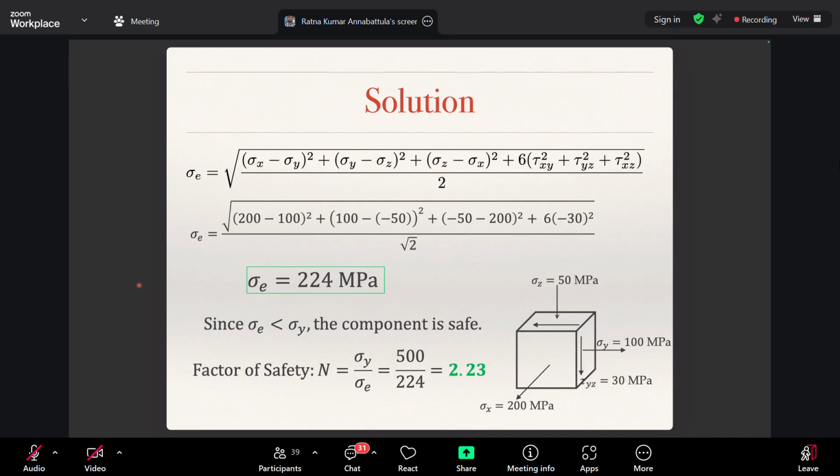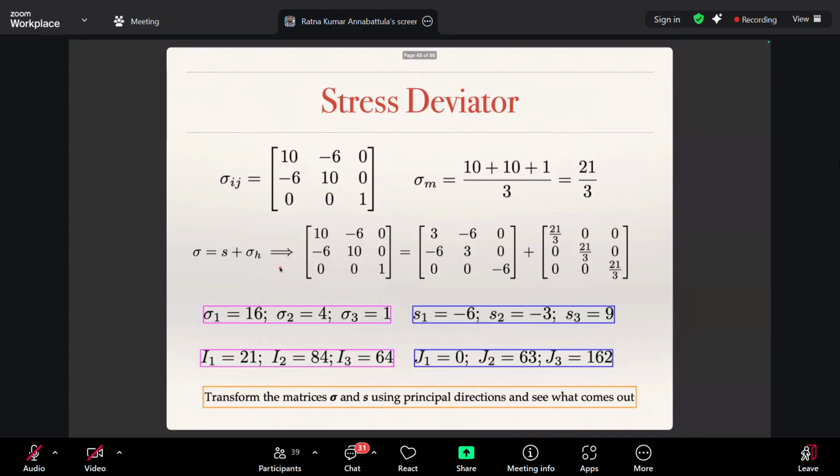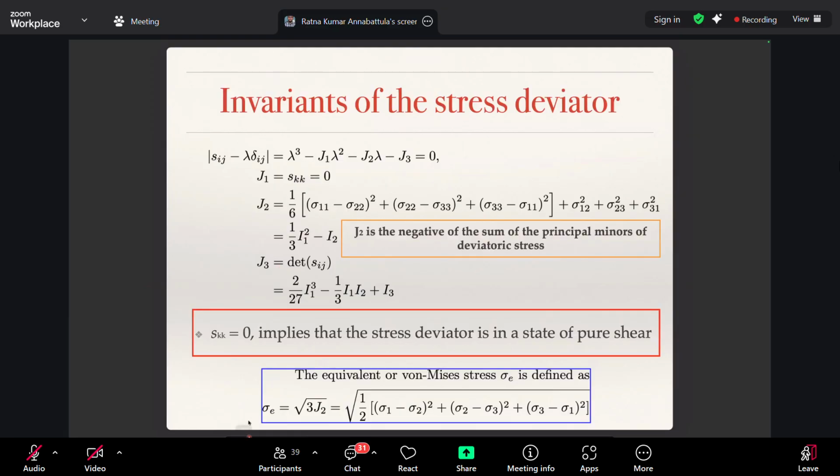Got it? So you look at this equation. The equivalent stress can also be written as square root of 3J2, where J2 is the negative of the sum of the principal minors of the deviatoric stress tensor. What we have calculated now is the sum of the principal minors. If you multiply that with -1, that becomes J2.